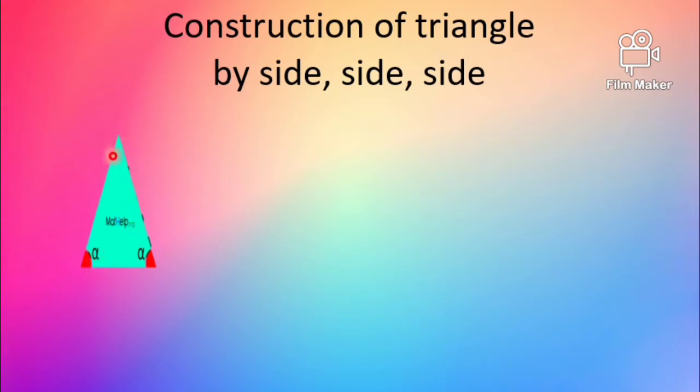That type of triangle which has two equal sides, according to the definition, when two sides of a triangle are equal, that type of triangle is called isosceles triangle. This is an isosceles triangle, and we will construct this triangle with the help of compass.